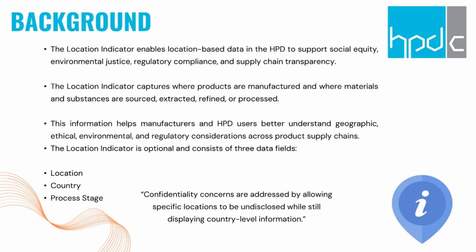This optional feature consists of three key data fields: location, which uses latitude and longitude via a mapping API, country, selected from a drop-down list, and process stage, which identifies the type of activity at that location, like extraction or manufacturing. And to address confidentiality concerns, manufacturers can choose not to disclose exact location details while still providing the country-level information.